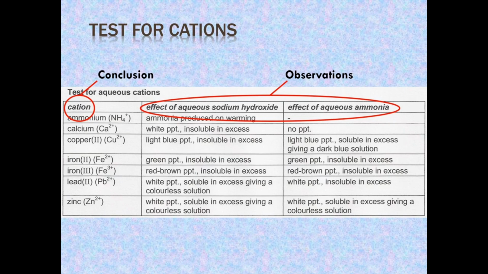Then we have lead, which forms a white precipitate soluble in excess sodium hydroxide, but insoluble in excess aqueous ammonia. For the zinc ions, it forms a white precipitate, but it is soluble in excess sodium hydroxide and also aqueous ammonia.